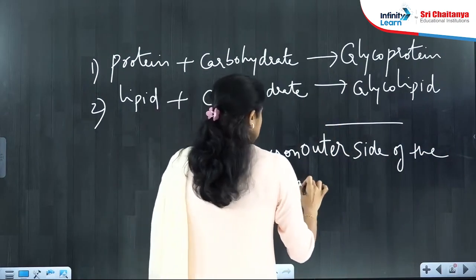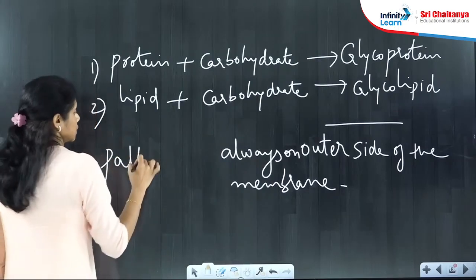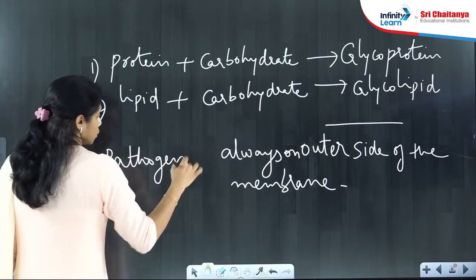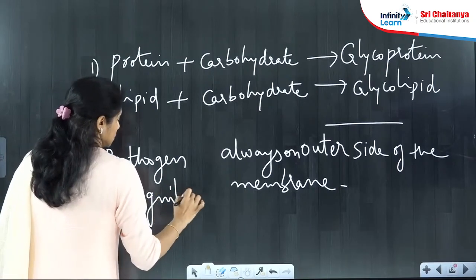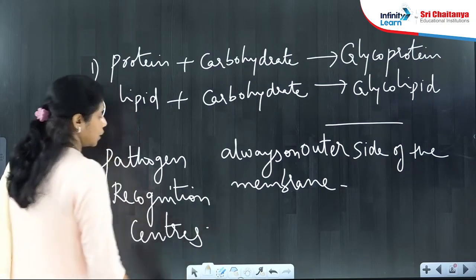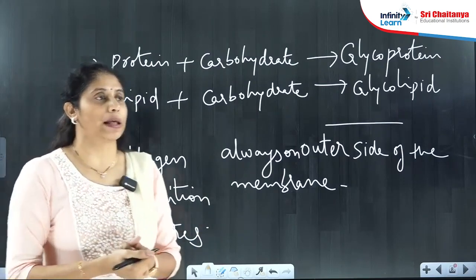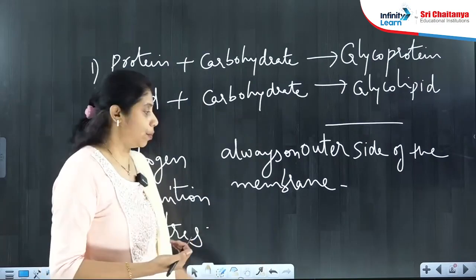They act as pathogen recognition centers. They can identify the pathogen and allow the entry of the pathogen, and these are the functions of glycoproteins and glycolipids.